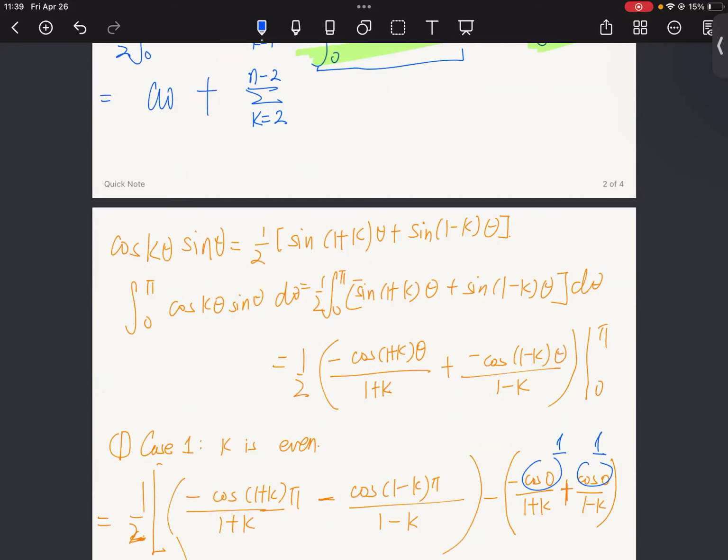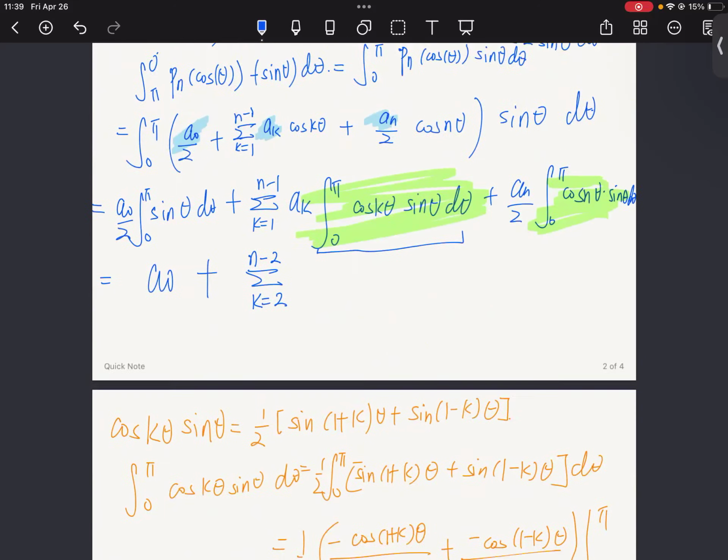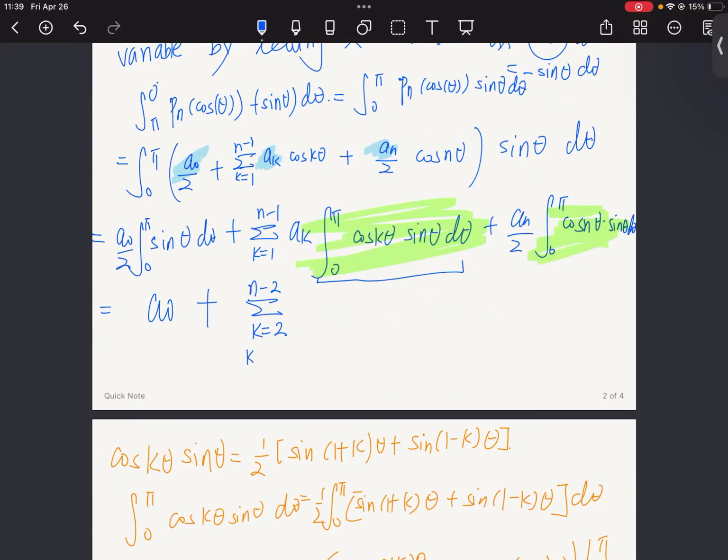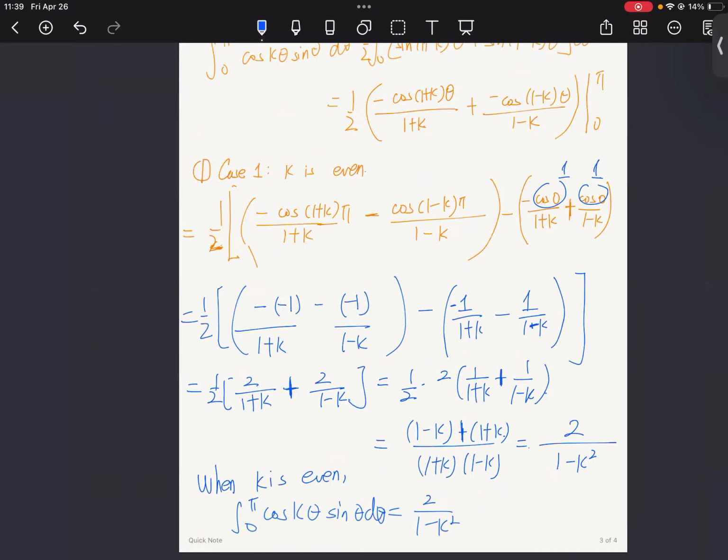And what do I have here? I have k, where k is an even number, and the integration I got here should be like 2 divided by 1 minus k squared. This is what I have here in the even case.